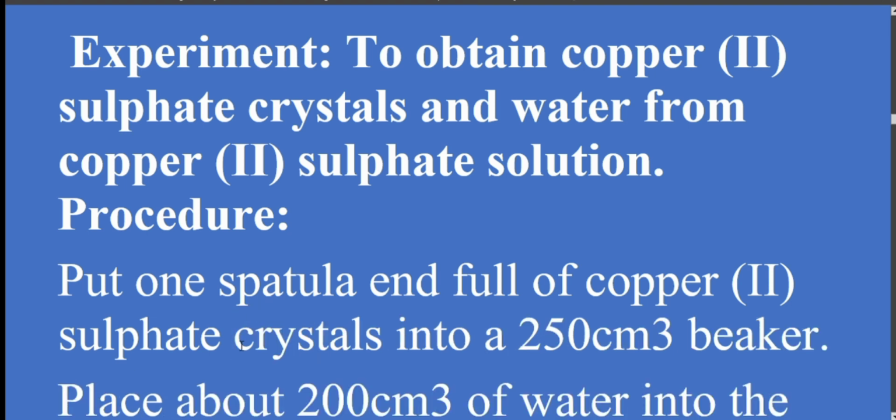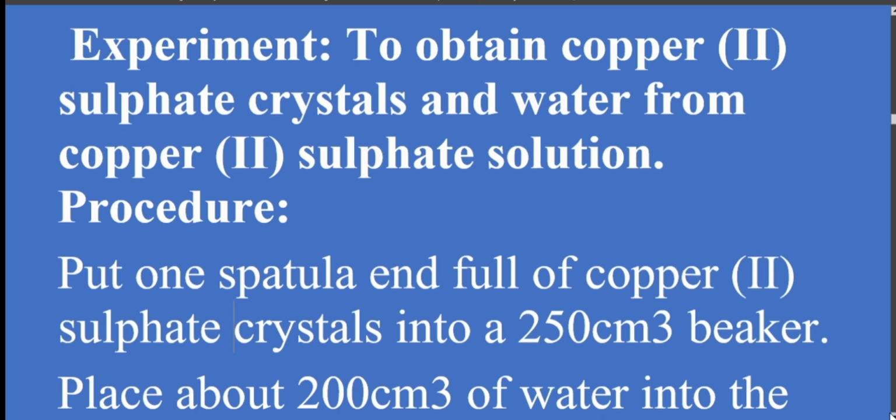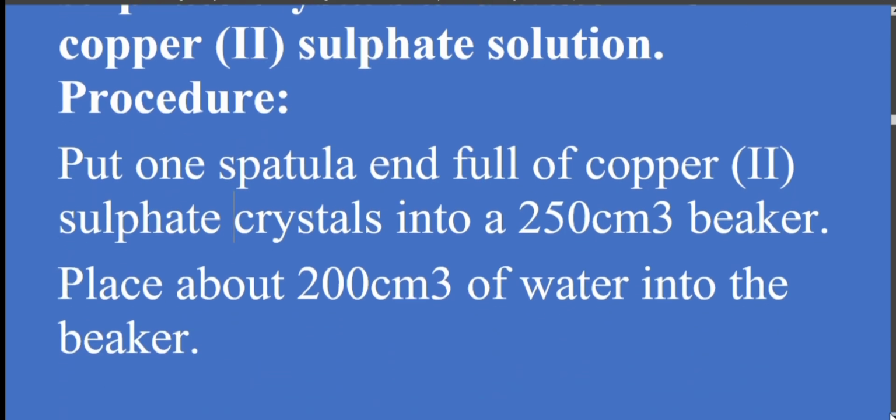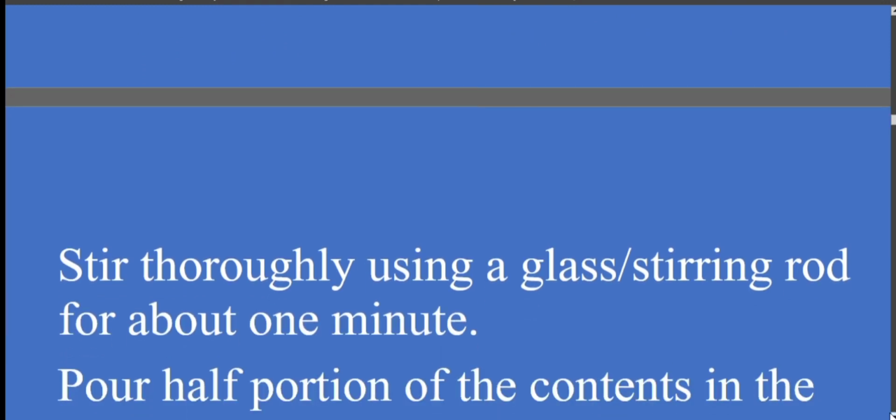Now the procedure: we put a spatula handful of copper 2 sulfate crystals into a 250 cubic centimeter beaker. Then we place about 200 cubic centimeter of water into the same beaker. Then we stir thoroughly using a glass stirring rod for about 1 minute.